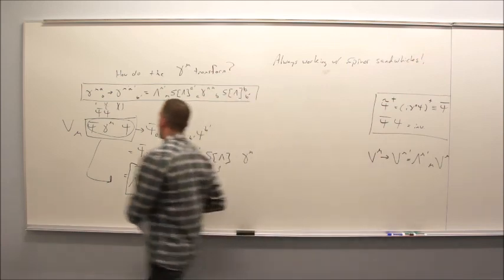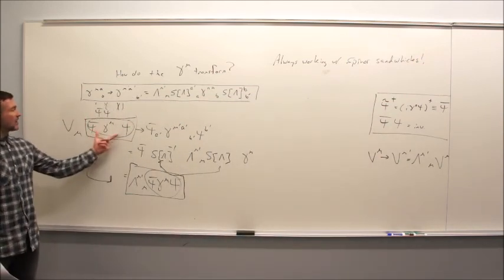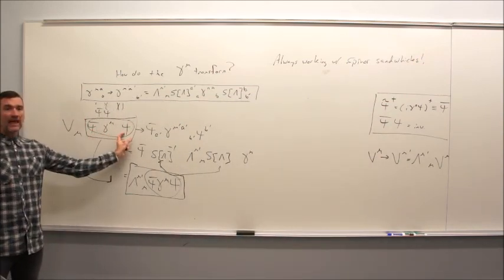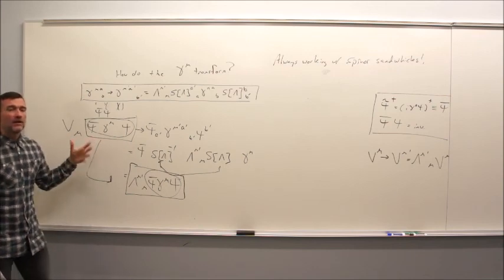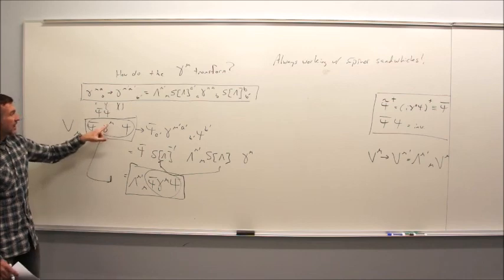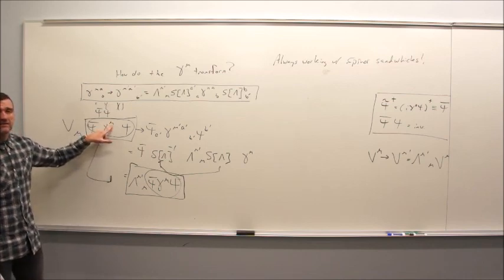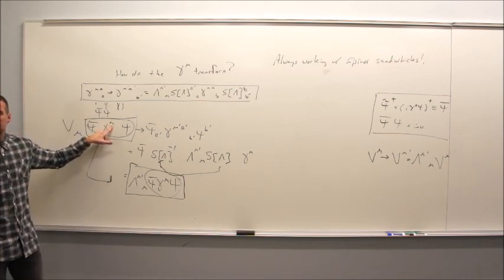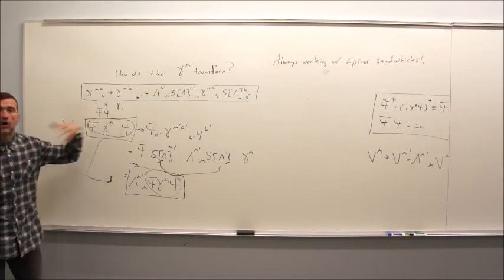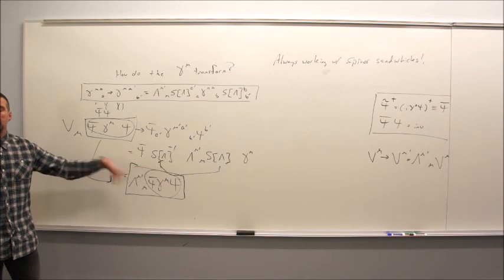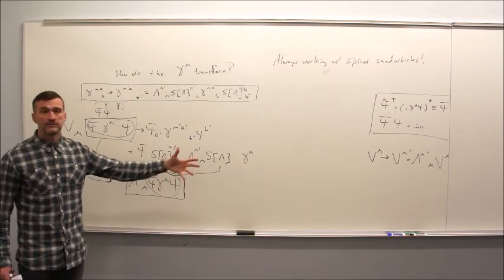That is, we will always have a dual spinor, something, and a spinor, and as long as we have that kind of sandwich, the transformation rule is just governed by the space-time indices that I see. I do not have to worry about the spinor indices. They're all taken care of as long as I work with spinor sandwiches.